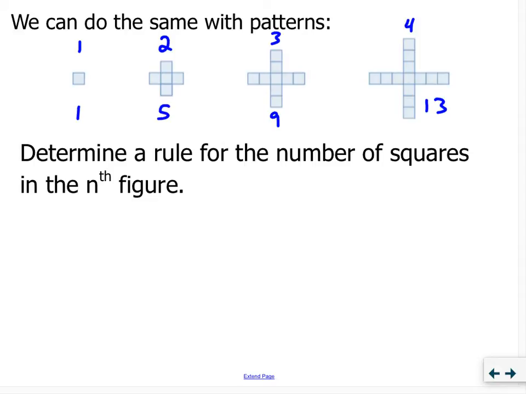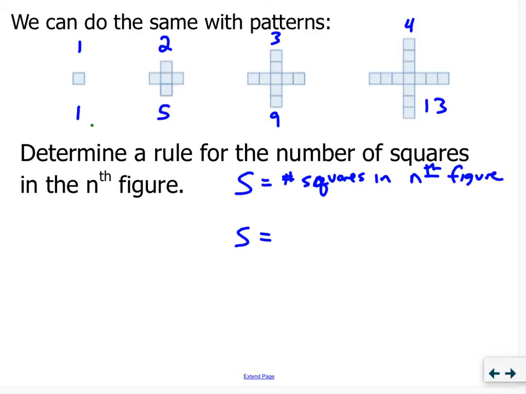Why don't we say things like the number of squares S, so we'll let S represent the number of squares in that nth figure. So instead of using y equals, let's use S equals. And let's figure out our rate.